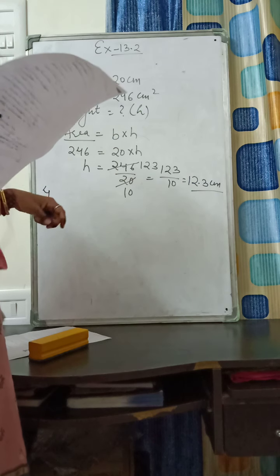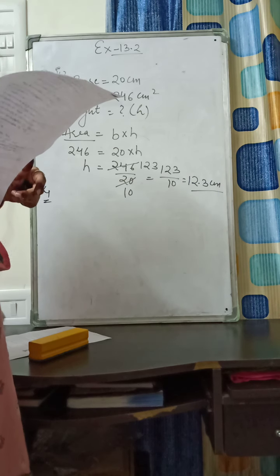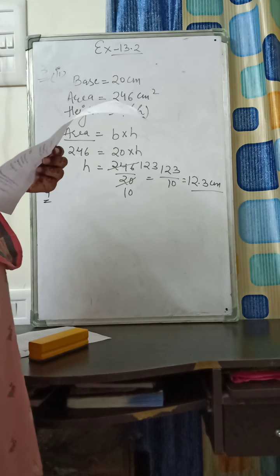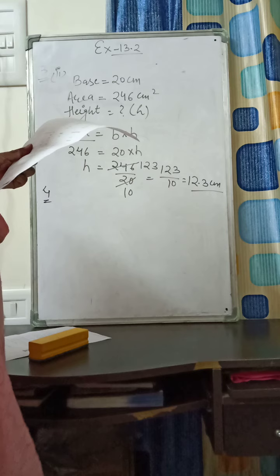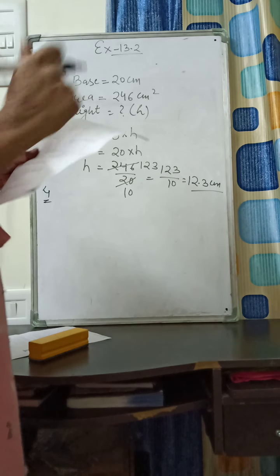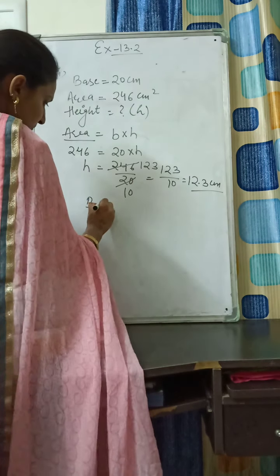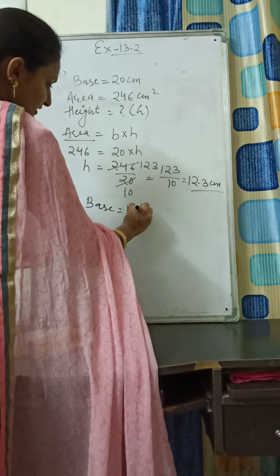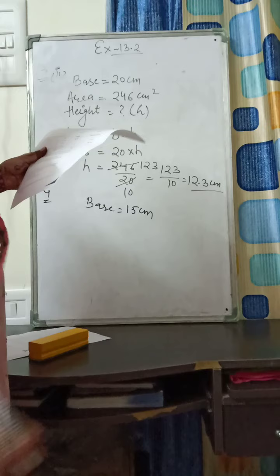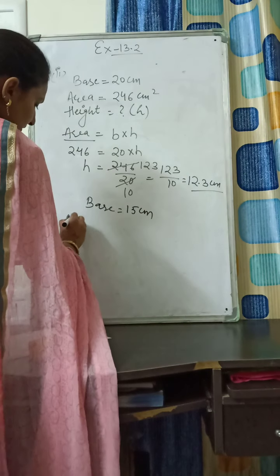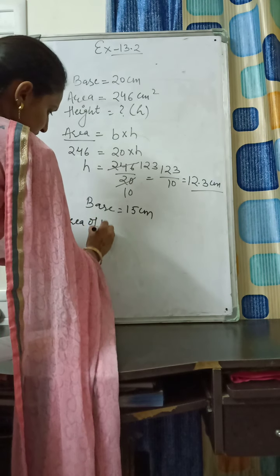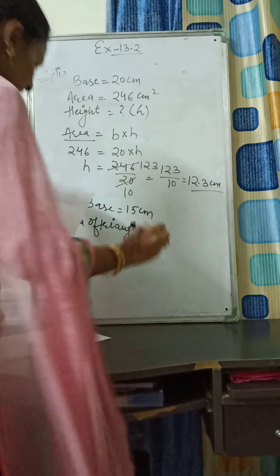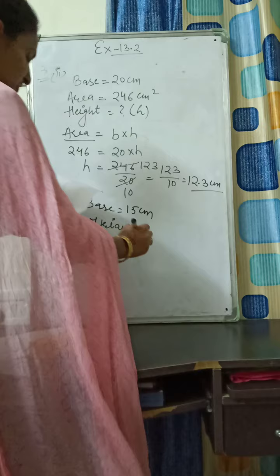Here the area of a triangle is given in some questions, and in some questions we have to find the height and the base. Now let's take the second part. Here the base is given, which is 15 centimeter, and the area of the triangle, which is 87 centimeter square.